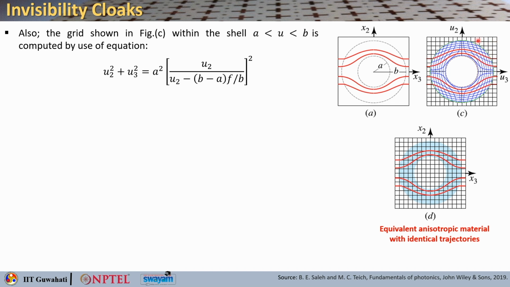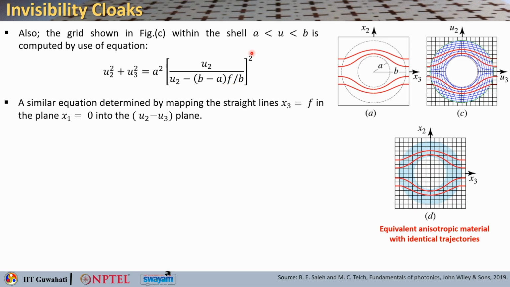It can also be calculated as u2 squared plus u3 squared equals a squared times (u2 divided by (u2 minus (b minus 1) times f by b)) whole squared. You can find a similar equation determined by the mapping of the straight lines x3 equals f in the same plane x1 equals 0 into your u2 u3 plane.